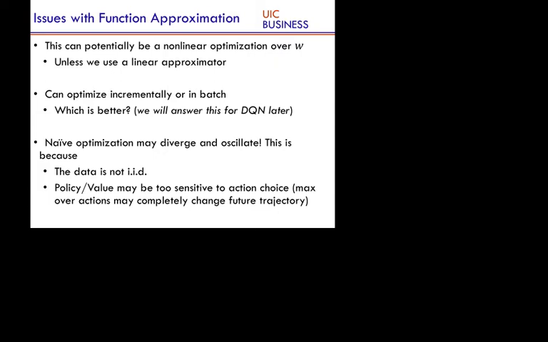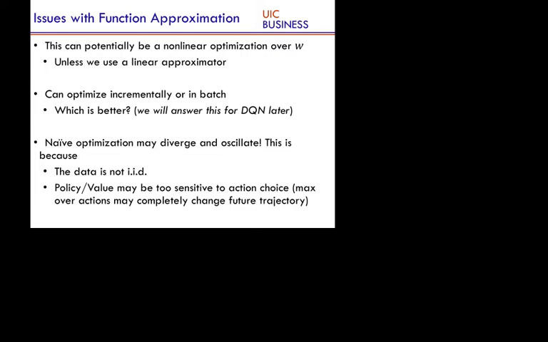Now, if you naively just replace the Q table with a function approximator, you will actually see that optimization may not happen. You may diverge from approximating the true Q star. Okay, and this is because the data is not IID. First of all, we are in a setting where your actions influence the next states, and because of that, the state action pair, the feature that you see now and the feature that you see at the next state and next action pair, are highly related to each other.